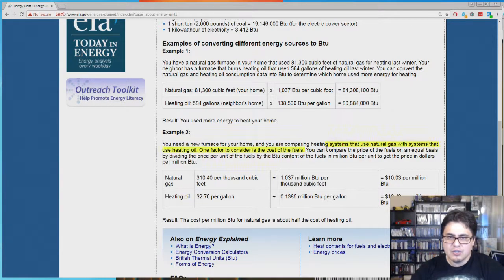Right here it says you can compare the prices of fuels on an equal basis by dividing the price per unit. Meaning, for every 1,000 cubic feet I want to use, I'm going to spend $10.40, right? For every gallon of heating oil I use, I'm going to spend $2.70, right?